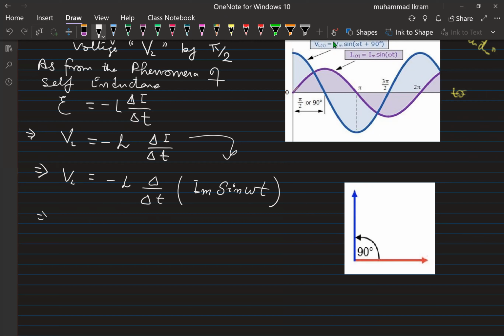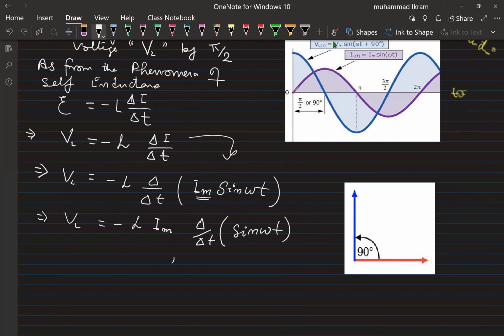By taking the limiting value, VL equals minus L into Im, which is constant since it is a maximum value, into the limit of delta by delta t of sine omega t.